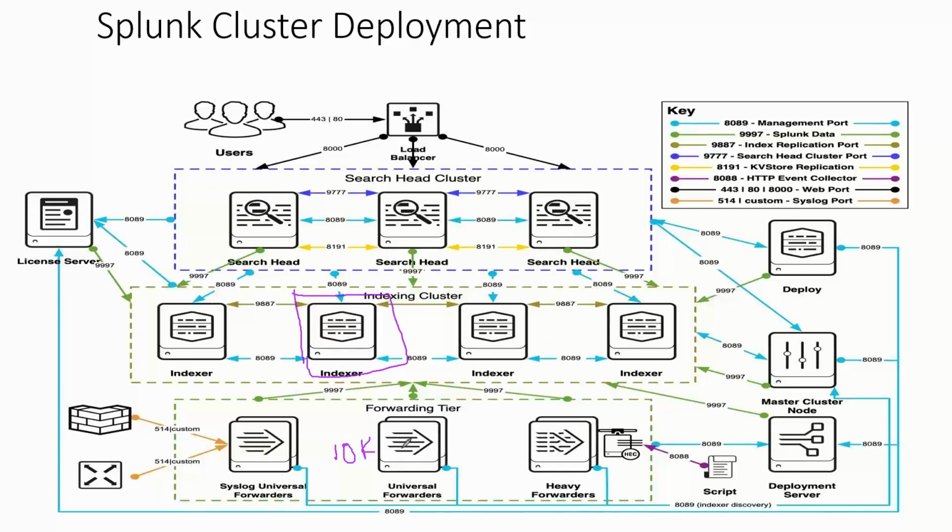Because if I send the data to one server and it crashes due to some issue, my data is gone. In advanced concepts we have a replication factor and all those, but for you, just remember that the data will be replicated across multiple nodes.